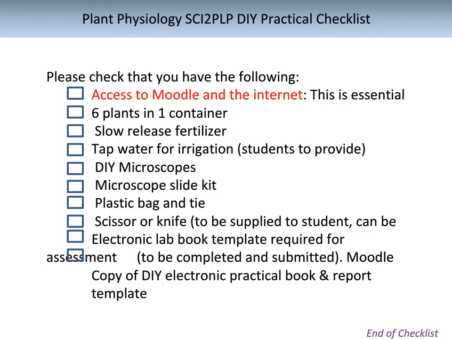You will be provided with plants and seeds in a container, and slow-release fertilizer. You will have to provide tap water yourselves. You will be given DIY microscopes and microscope slides, and other components that are necessary for you to undertake and complete the DIY practical.